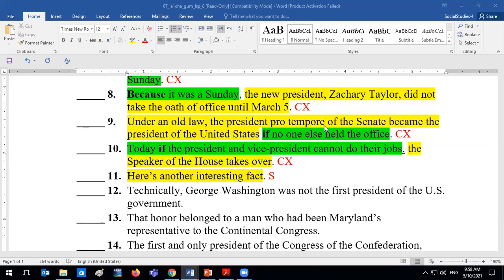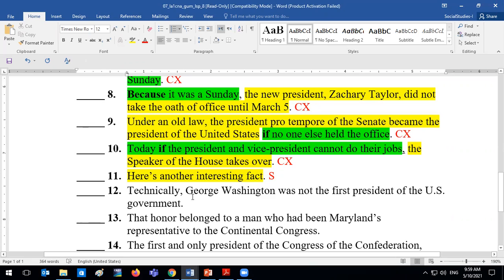Okay, Noura, can you please answer number 12? Yusuf Dahroub, please, number 12. Yes, Miss. Thank you, honey. Can you please answer number 12?